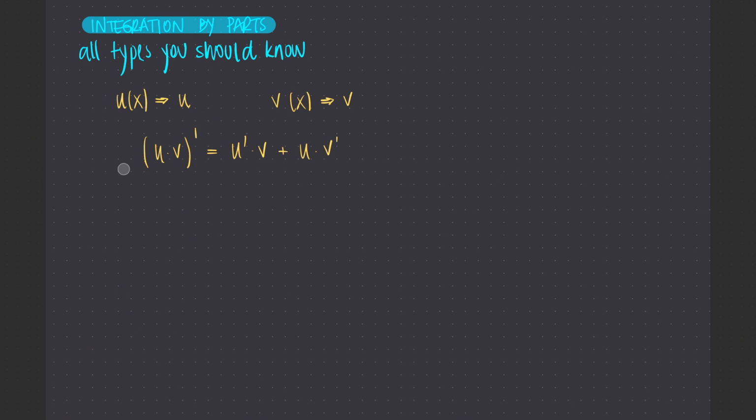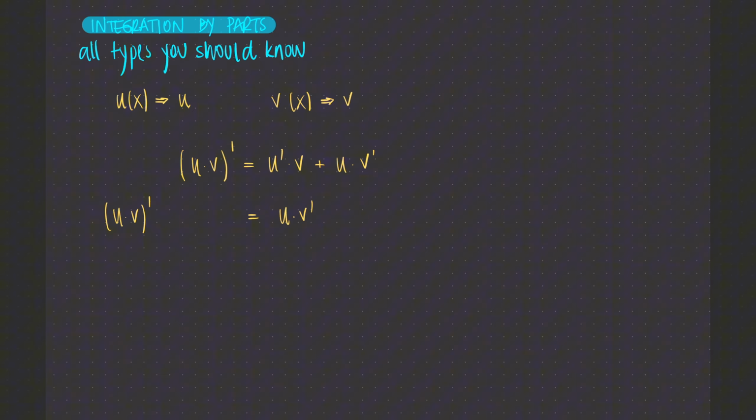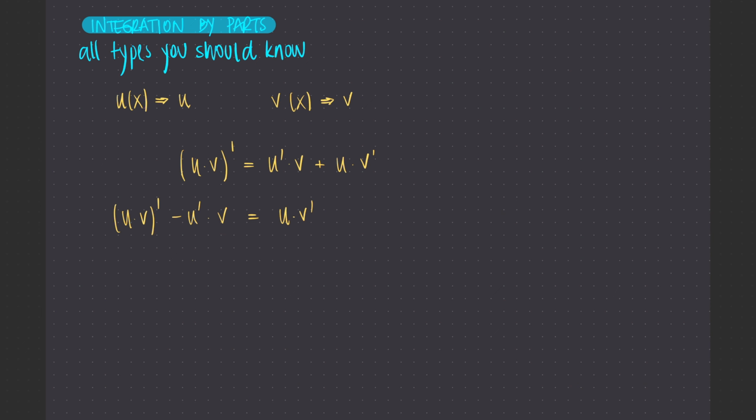So we can erase this d/dx. Now, we are going to rearrange this equation by writing u v prime on the left-hand side, meaning that we have u times v prime equal to (uv)' minus u prime times v. And we're going to rewrite this equation with the right-hand side on the left and the left-hand side on the right, which doesn't change anything, of course. So we have u times v prime equals (uv)' minus u prime v.